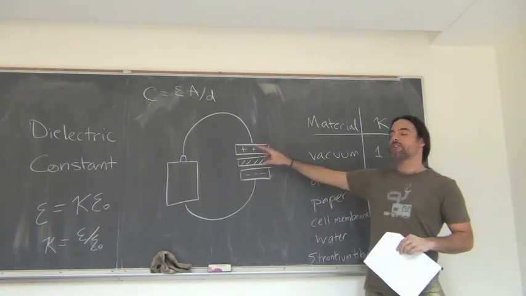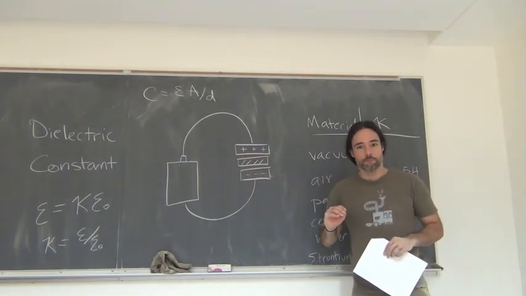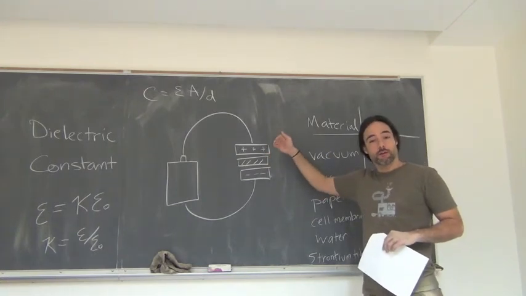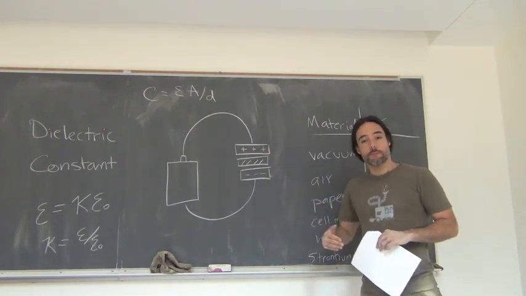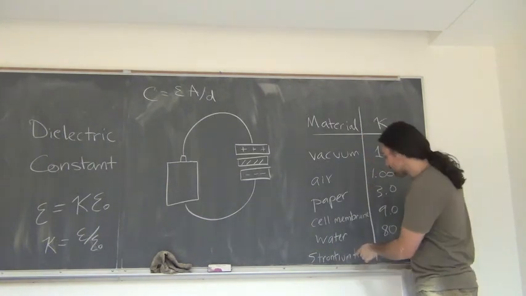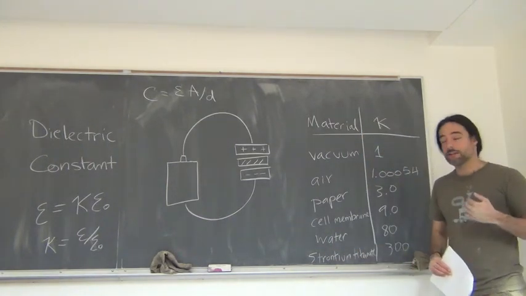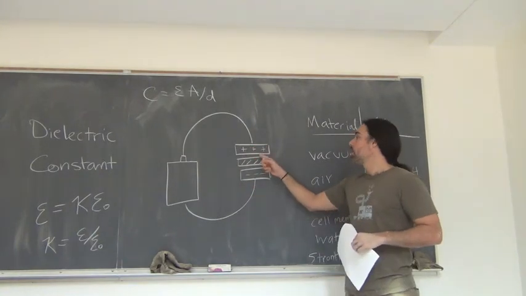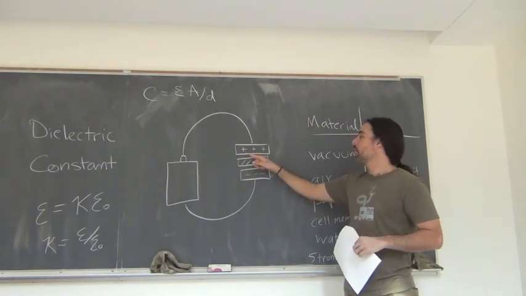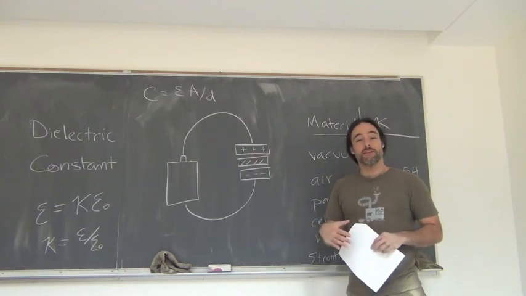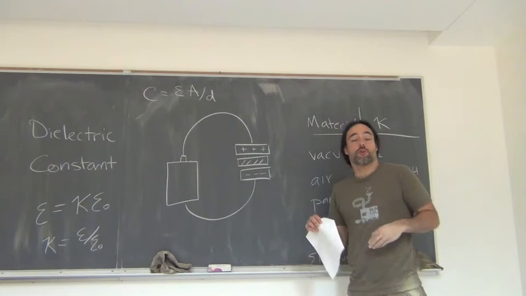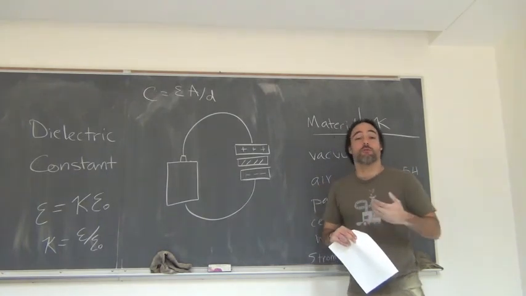What would happen if we just put a metal in here? Well, in that case, we'd be able to just keep pumping charges on and on forever. Strontium titanate is close to being metallic. But if I could just keep pumping charges on forever, what we'd find is that our dielectric constant would actually be infinite, because I would be able to pump an infinite amount of charge into our capacitor, although at this point it wouldn't be a capacitor, it would really just be a wire.